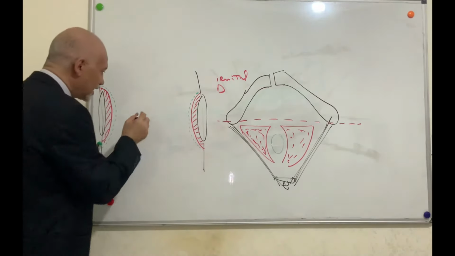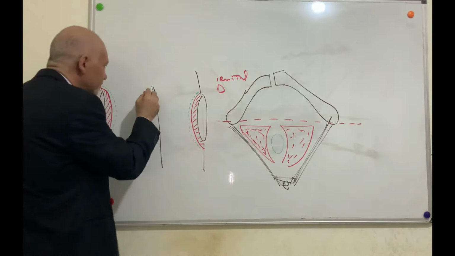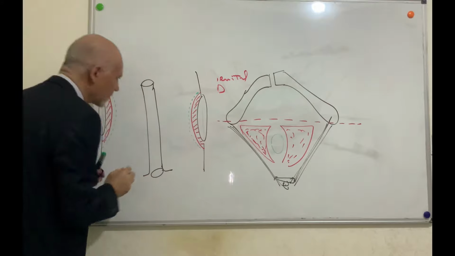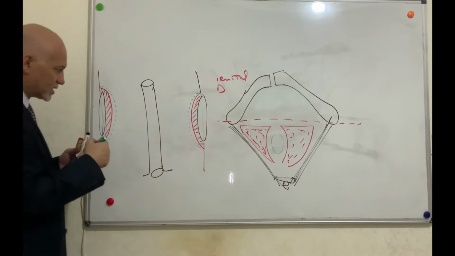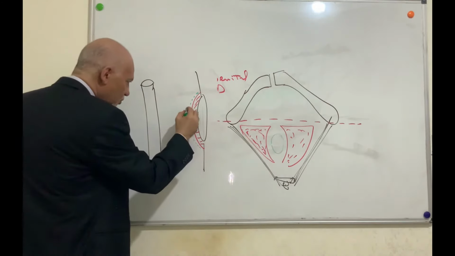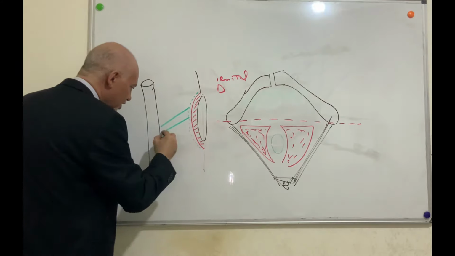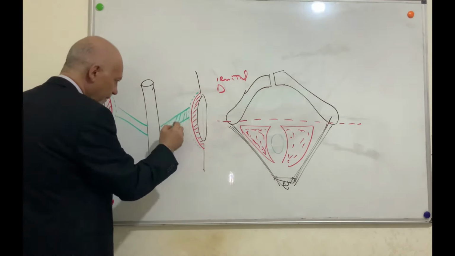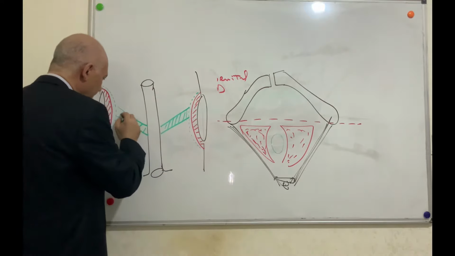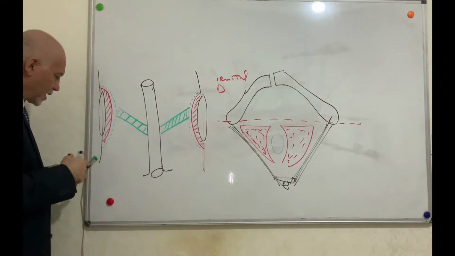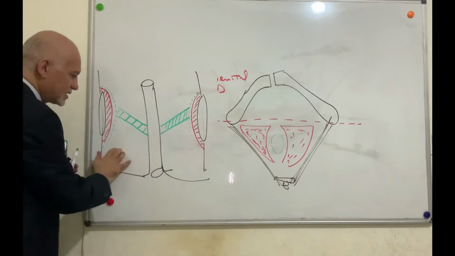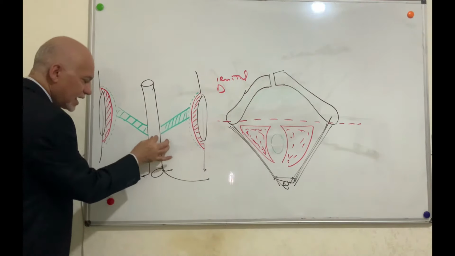This is the anal canal. The levator ani muscle takes origin from this fascia. This is the levator ani muscle. So this space surrounds the anal canal.